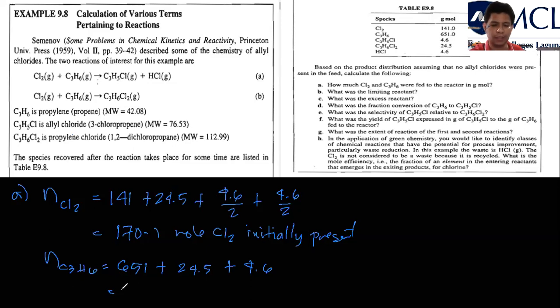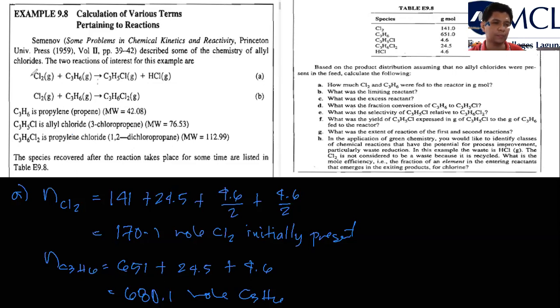We have 680.1. Okay. So the next question is, what was the limiting reactant? If you examine the two reactions, reaction A and reaction B, both reactions have a stoichiometric ratio in the reactants of 1:1.